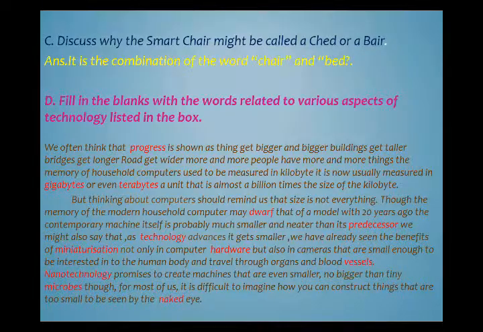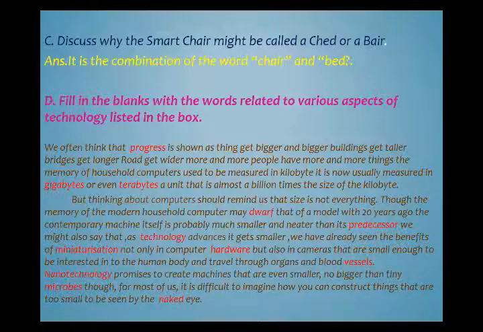Now we have exercise C of the course book on page number 142. We have the question: discuss why the smart chair might be called a chair bed or a chat pair. It is the combination of the words chair and bed.